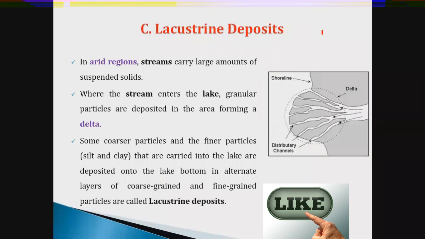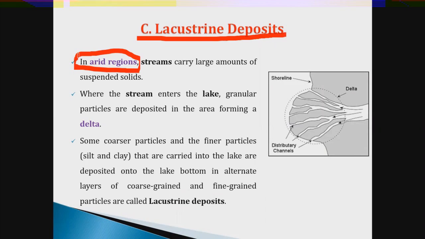Now let us discuss the other category, which is known as lacustrine deposits. Arid regions are those regions which are dry enough. In those areas, the rainfall quantity will be much less, and the water table will be much below the natural surface level. In those areas, the streams carry large amounts of suspended particles.